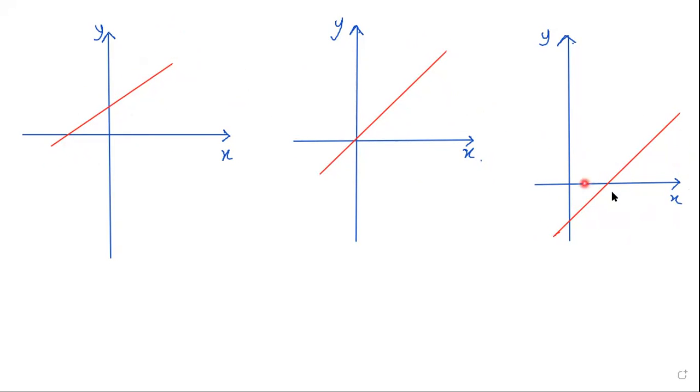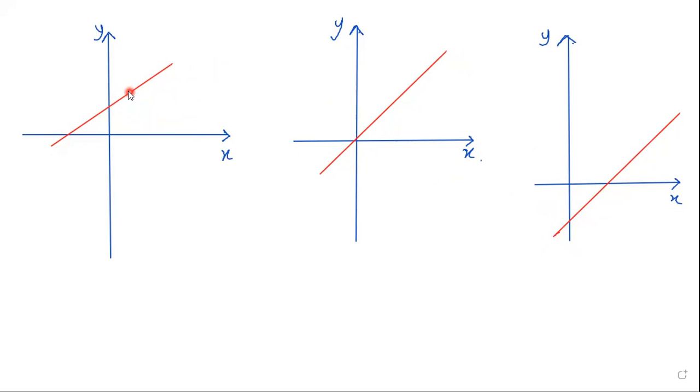So all these three lines, or linear graphs, show: not passing through origin, so linearly proportional. Passing through origin, so directly proportional. Not passing through origin, so linearly proportional. All these three are straight lines, inclined to the right.